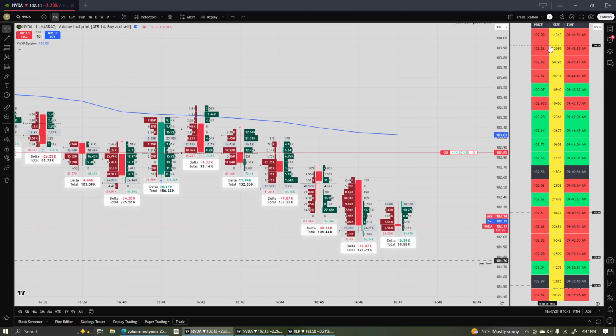I'm seeing green delta with a not so much green candle. So buyers are trying to be aggressive but failing. So this is another plus point for the sellers. We will try to hold the trade.